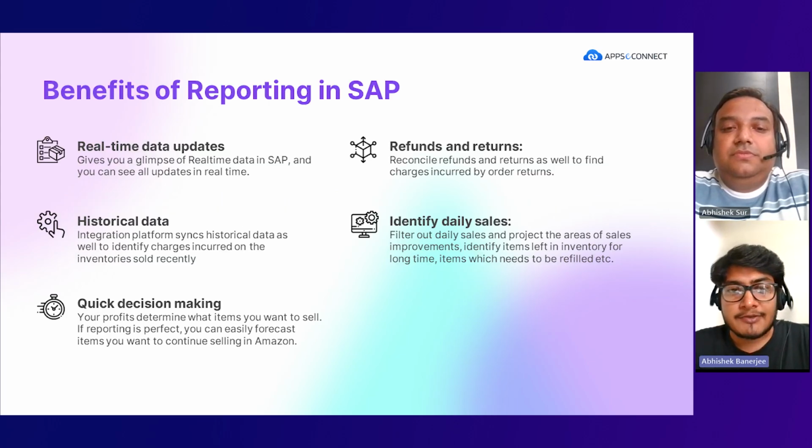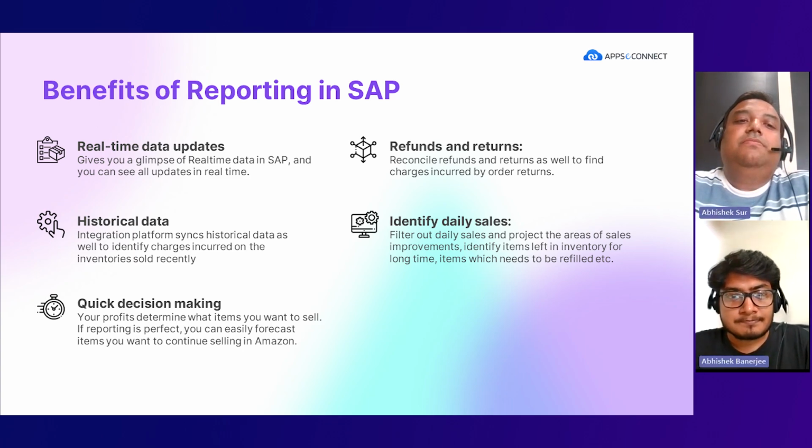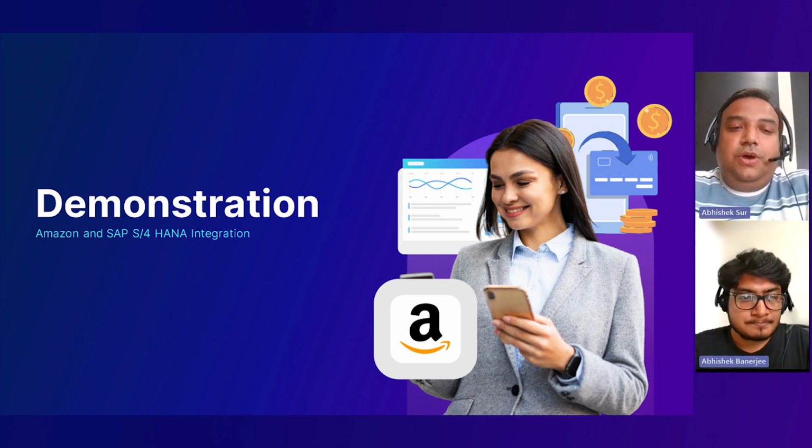It sends data in real time, it can work with historical data, and it can identify which item is refunded, etc. As a seller, they will always get updated data, and this will help them take decisions quickly. So now let's see the demonstration.